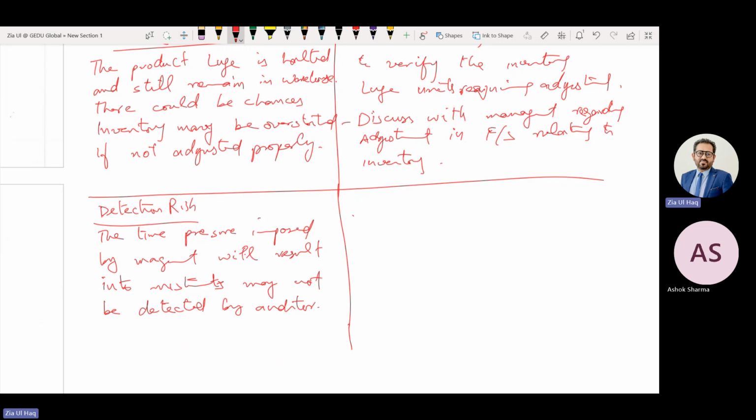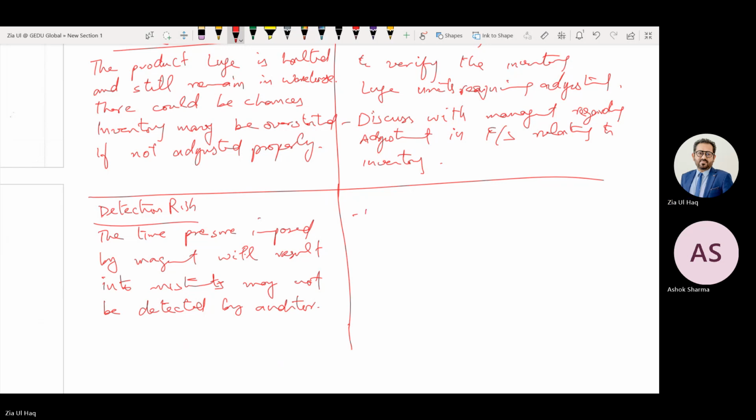How can we resolve this? What should be our response? We should spend more time on the audit and revise our audit planning.